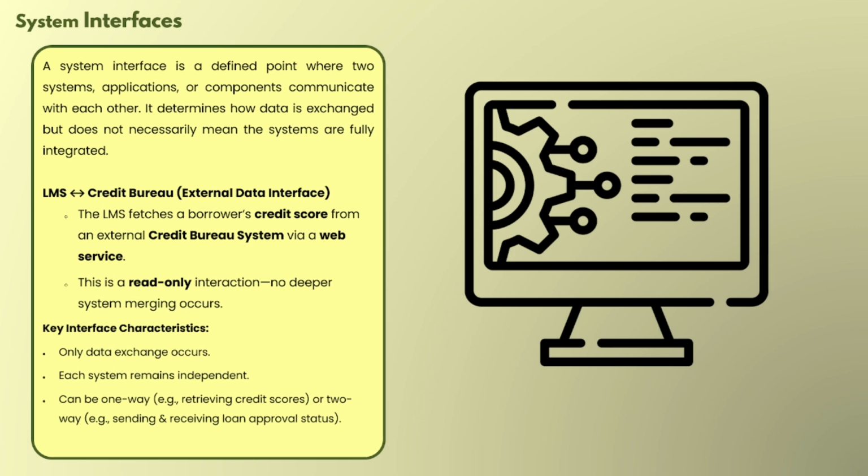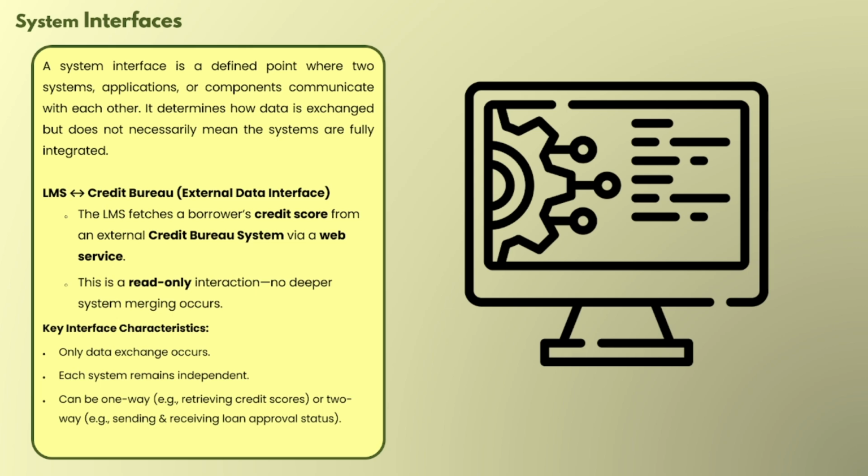The LMS may send some data to the credit bureau, and the credit bureau may ask the loan management system to provide some data, and the loan management system provides it. Or it may be that only the loan management system asks for something from the credit bureau, and the credit bureau sends data, but the credit bureau cannot ask anything of the loan management system. So it may be one way or two way.